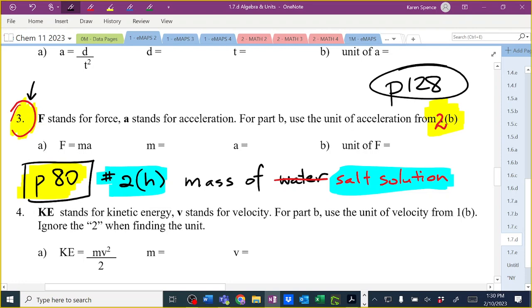Okay, you won't find acceleration in 1b, you'll find it in 2b. And then later on, when you're doing the making measurements, page 80, number 2H should say the mass of the salt solution, not the mass of the water. Okay? I will also post those corrections on Teams, but I'll leave them up here as well.